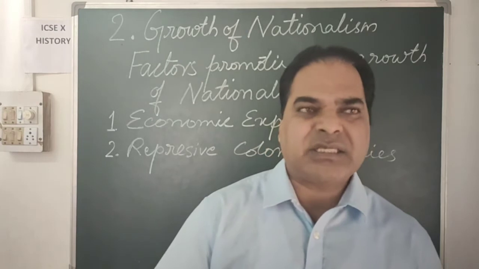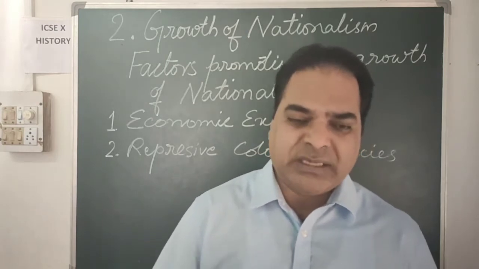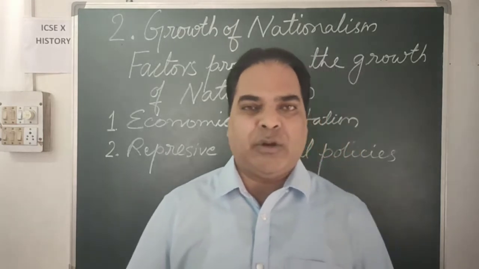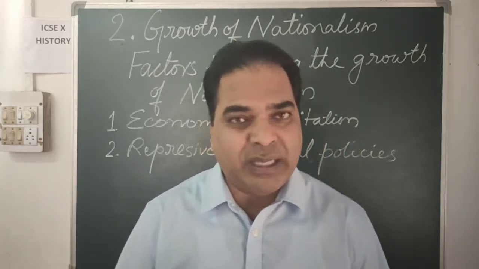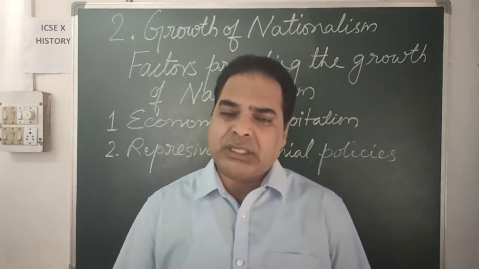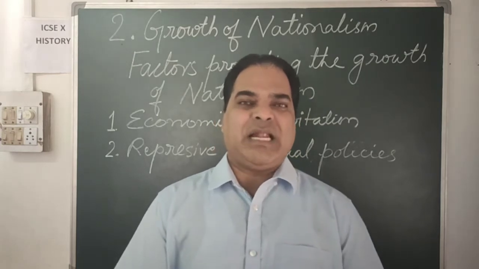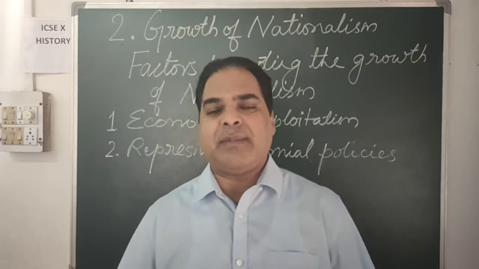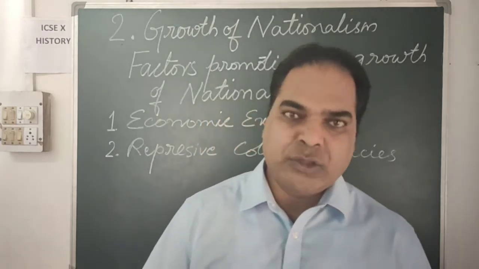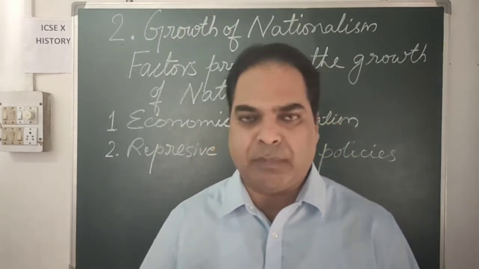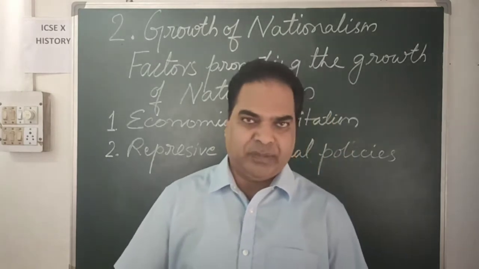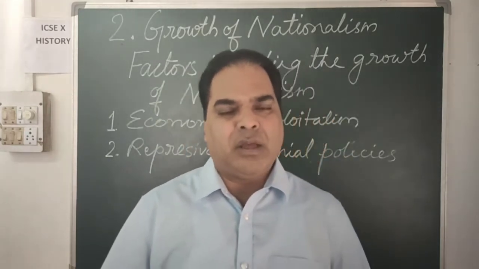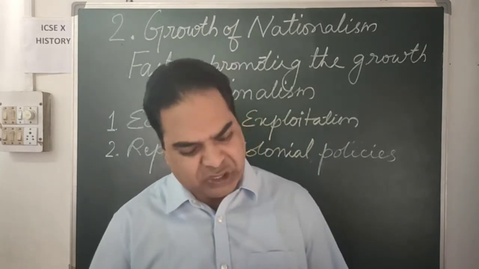In such condition, the peasants were forced to go to the moneylenders to borrow money, and in turn they had to mortgage their land. And when they did not pay the money back to the moneylender on time, their lands were confiscated. So ultimately, who was the sufferer? The peasants had to suffer. So the zamindari system and ryotwari system brought a lot of harassment to the peasants.